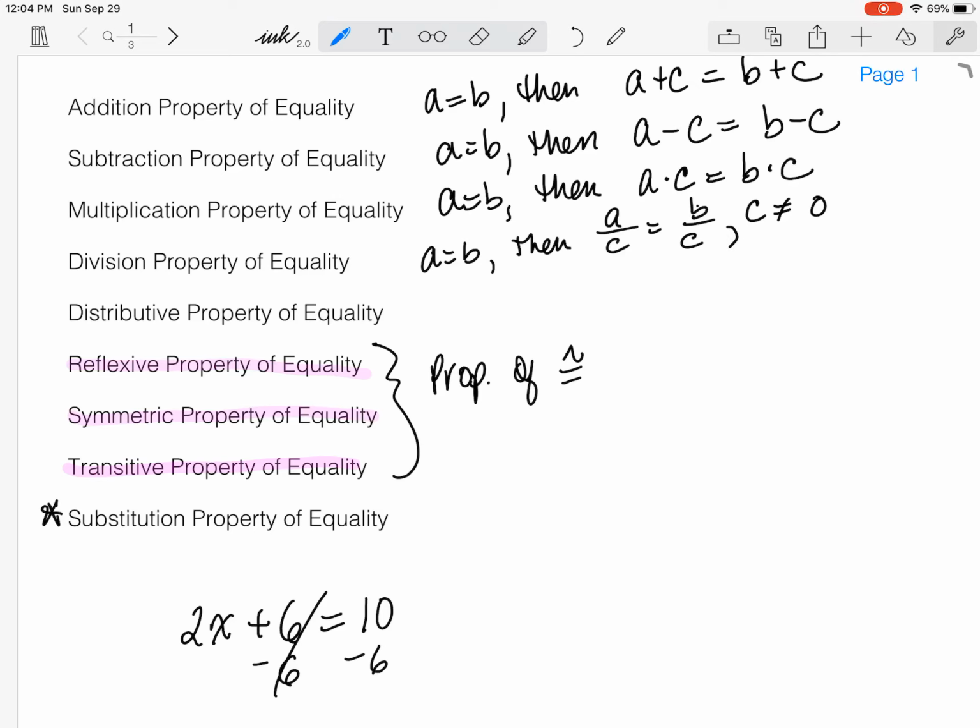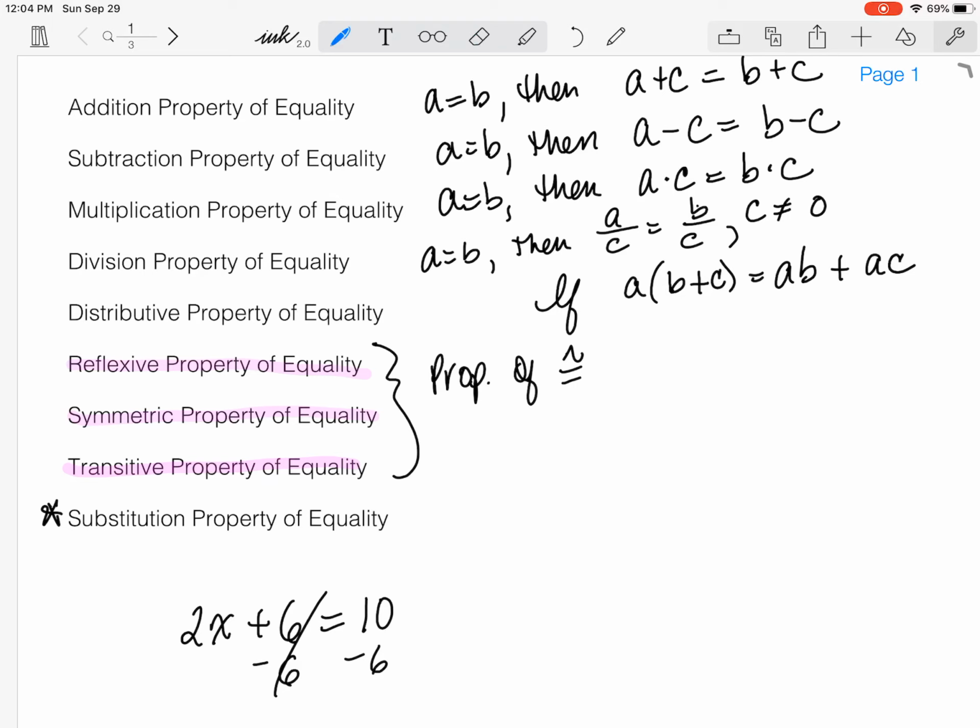Now, distribution property. We're just going to say A times the quantity B plus C is going to be equal to A times B plus A times C. Okay, now let's talk about some of our properties of congruency.